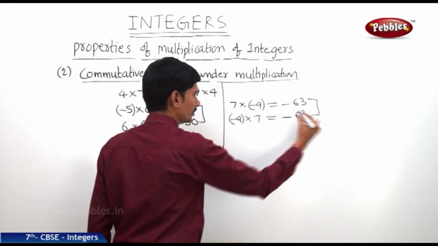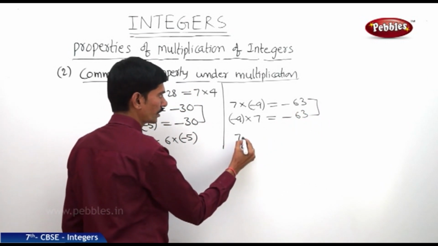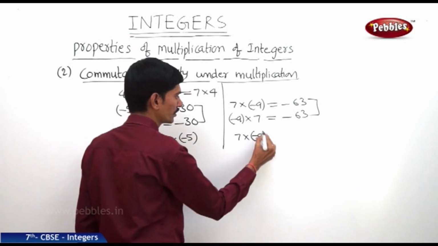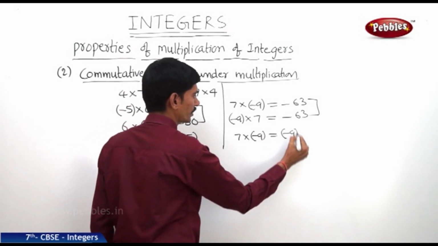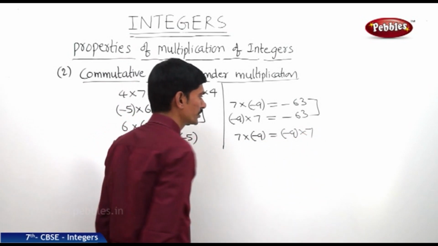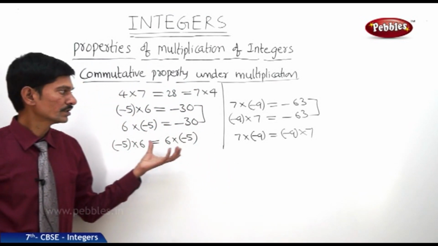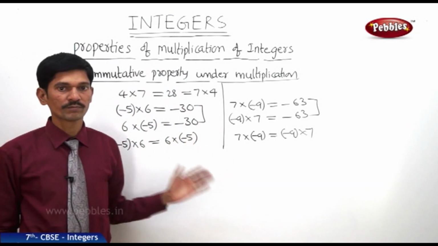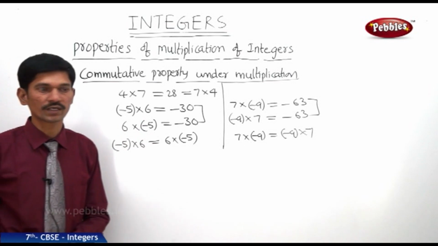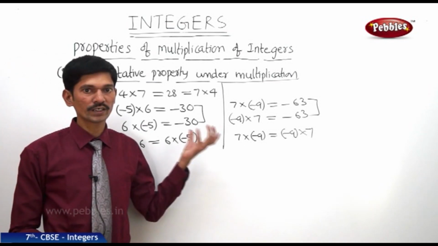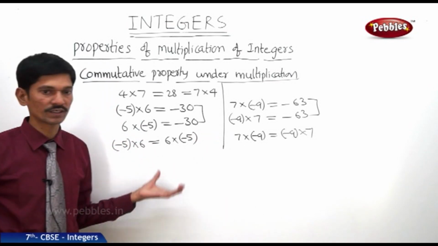So here also the product is the same. Means we can write that 7 into minus 9 equals minus 9 into 7. So this is true for all pairs of integers. Means if you take any two integers and multiply in any order, the product remains the same.